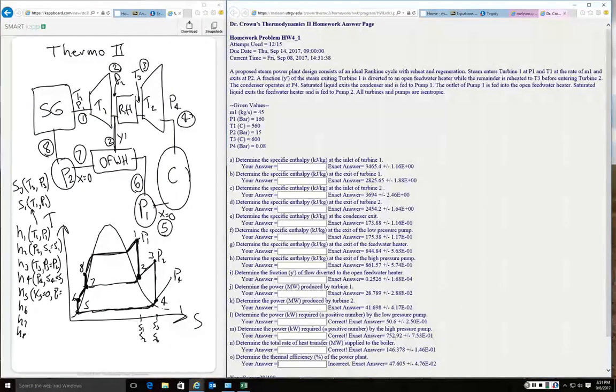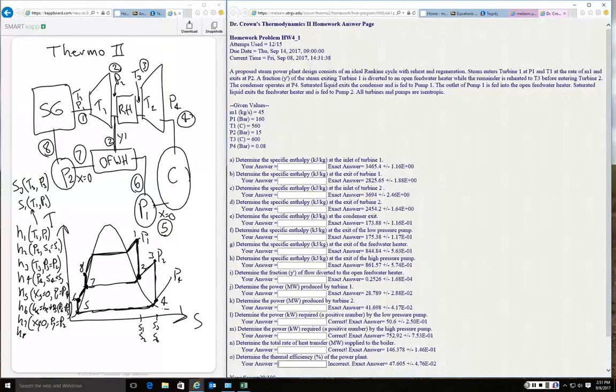State 6, I know that H6 equals H5 plus specific volume in state 5 times P6 minus P5. State 7, quality is 0, and I know the pressure. P7 equals P2.